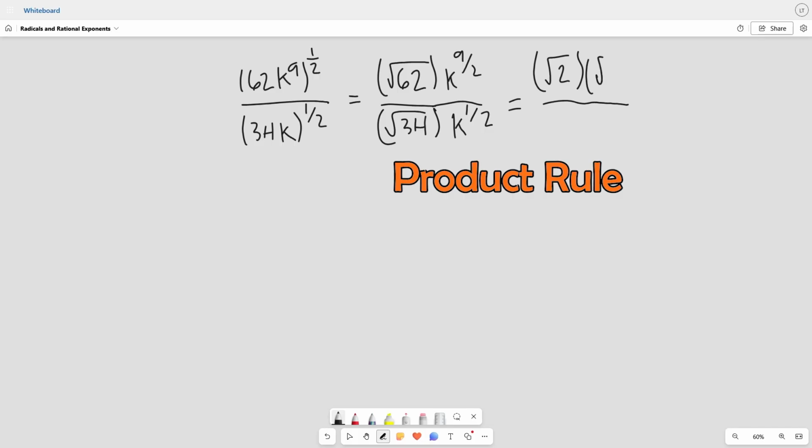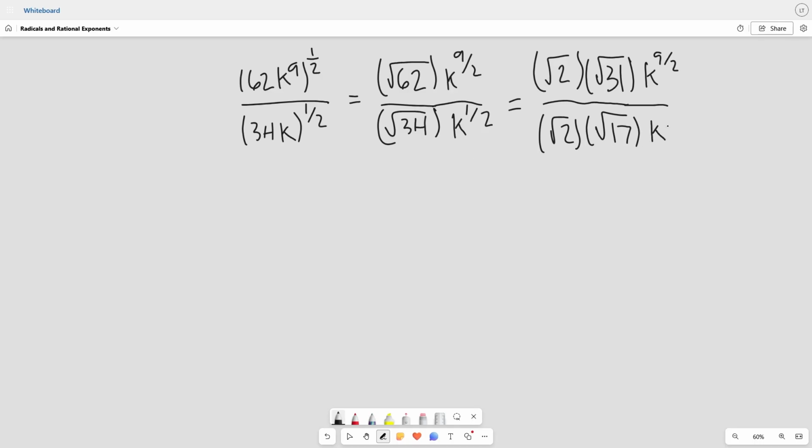It'll give us a square root of 31 on top. K to the 9/2. Pull out the square root of 2 on bottom. We're left with the square root of 17 there, times k to the 1/2. And now we just cancel out the square root of 2.